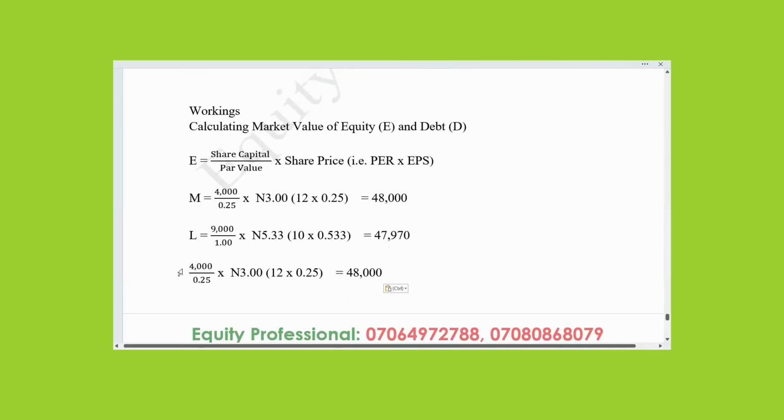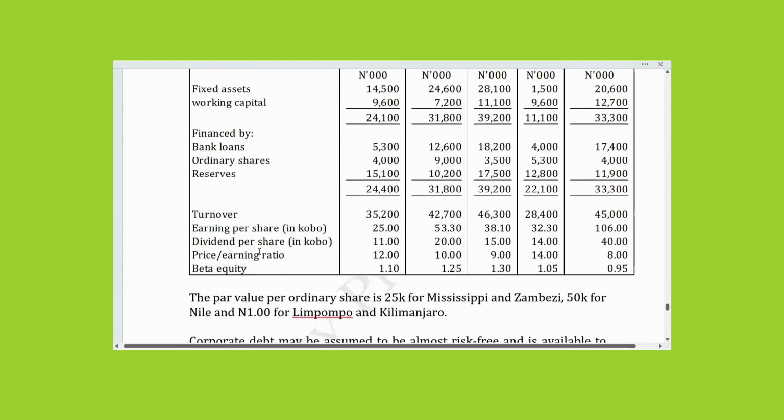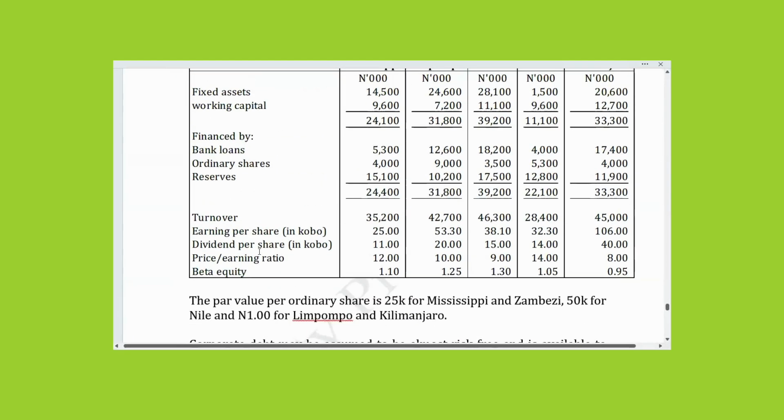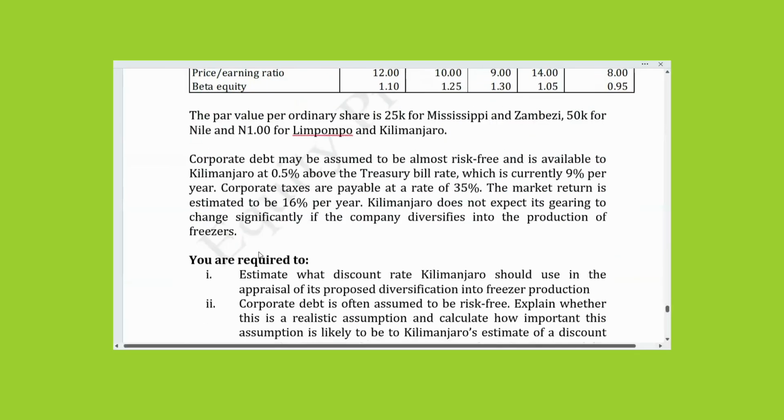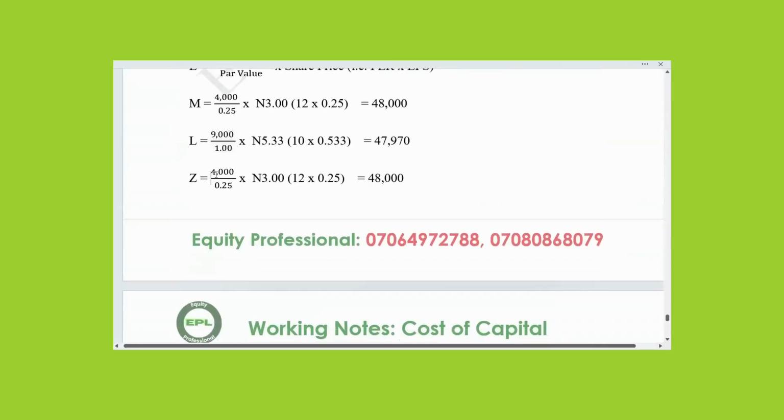Zambezi, denoted as Z. The share capital of Zambezi, according to the question, is 3,500. The par value of Zambezi is 25 kobo. 3,500 divided by 25 kobo.